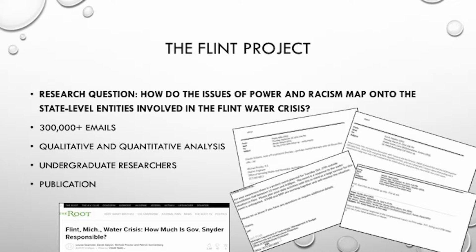To do that, we had to download well over 300,000 emails, and we're in the works of doing qualitative and quantitative analysis, and we are all undergraduate workers right now. This summer, after the Digital Humanities Bootcamp, we worked on the situations involving the Legionnaires' outbreak, and we did get an article in an online journal, which was neat as an undergraduate.